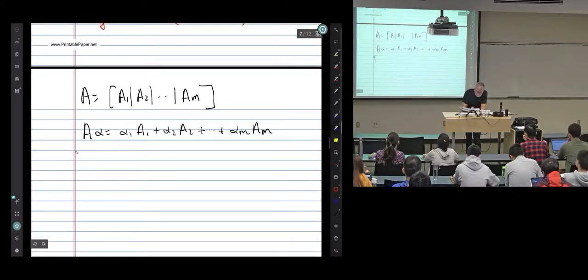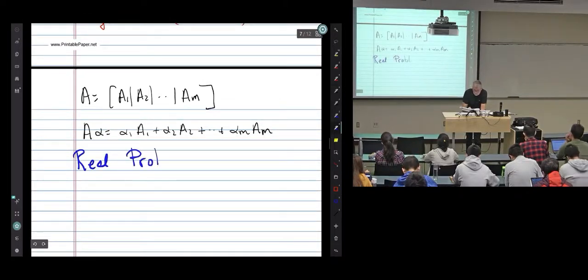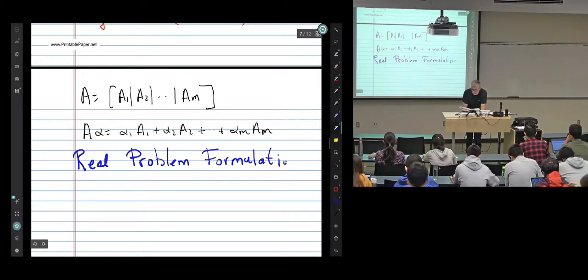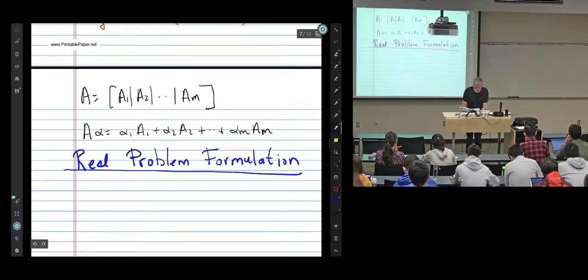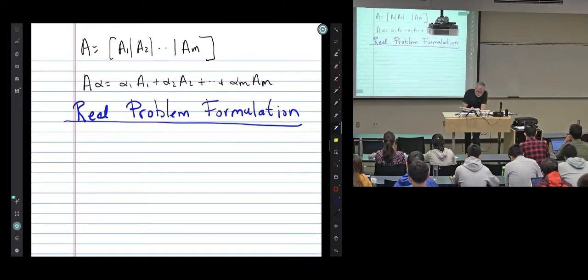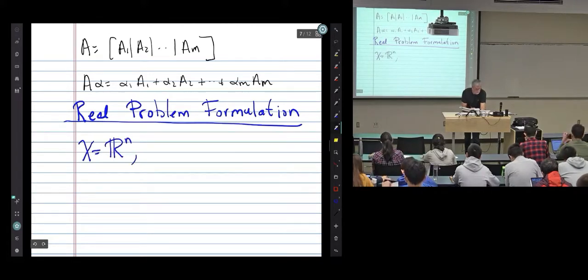The real problem formulation. Question? So the column space of A will be our M from above? Yep. So we're going to take X equals Rn. The field will be the reals.